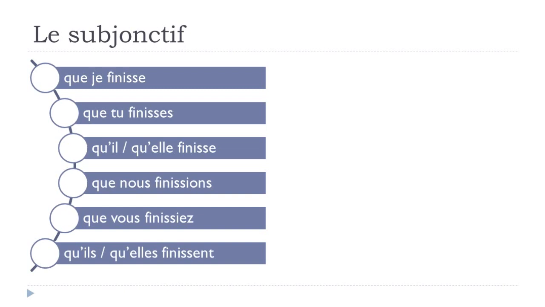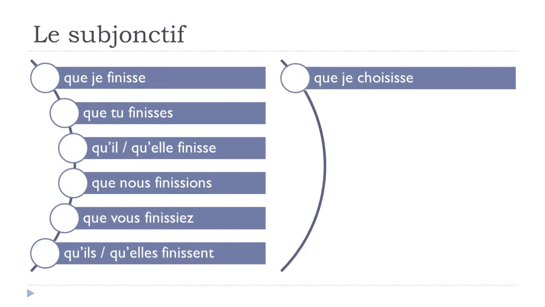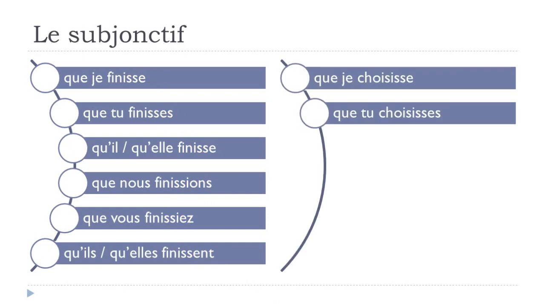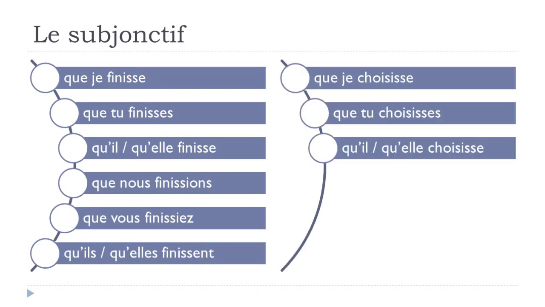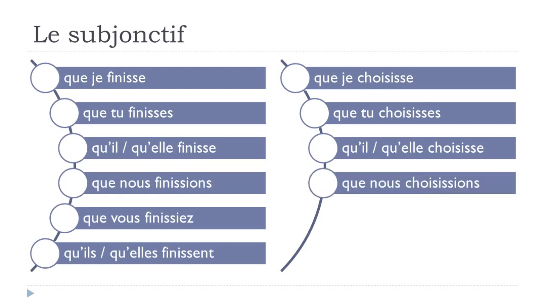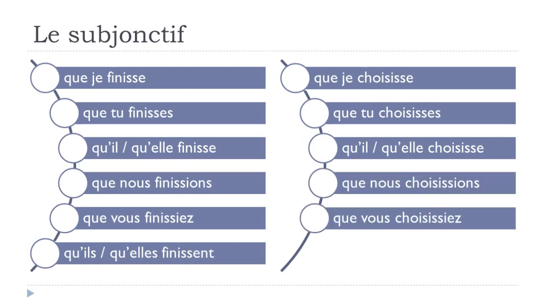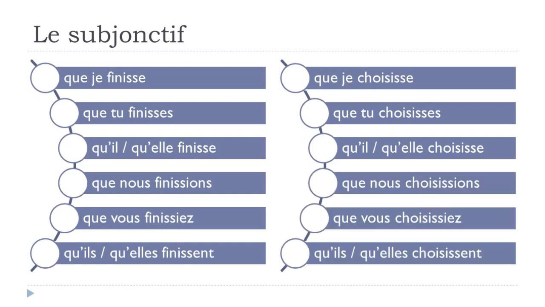Okay, so you can see that, well, you've got the endings e, es, e, ions, iez, ent. All right. And then, que je choisisse, que tu choisisses, qu'il choisisse, qu'elle choisisse, que nous choisissions, que vous choisissiez, qu'ils choisissent, qu'elles choisissent. All right.